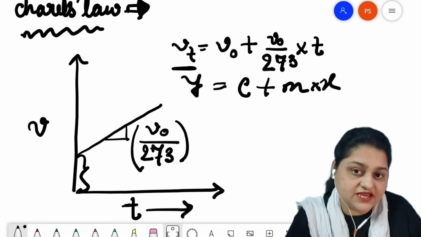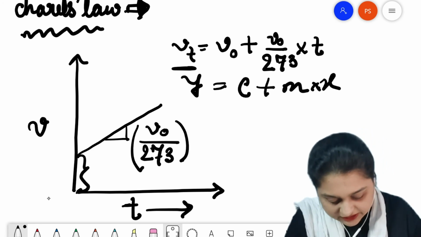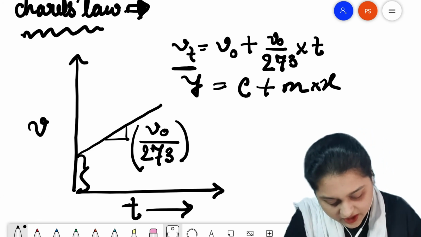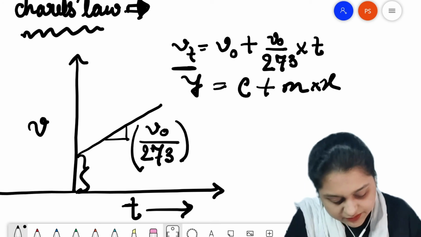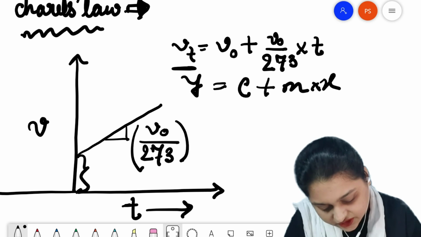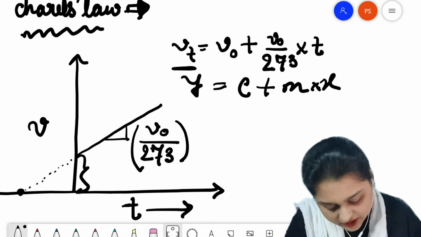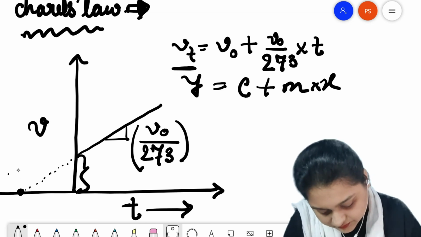Now this is the graphical plot for the mathematical expression of Charles' law. But if you extrapolate this plot till a point where the volume becomes 0, you will reach a temperature.